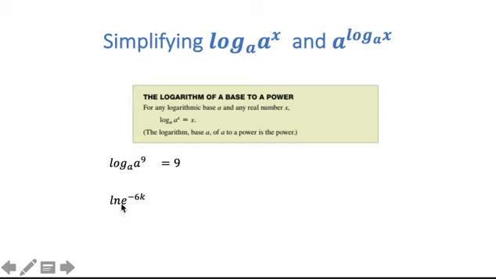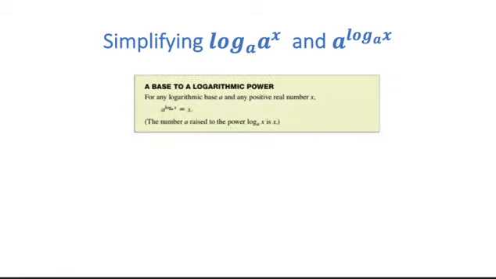So these bases are the same. You don't see the base for the natural log, but we know that's there because it's the natural log. And so the answer is negative 6k. Same thing with a common log problem. The log base 10 of 10 to the negative b power is going to be equal to negative b.